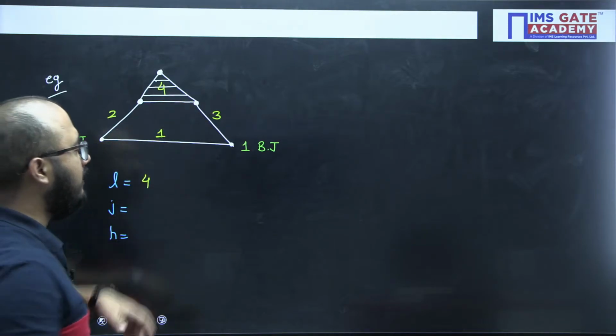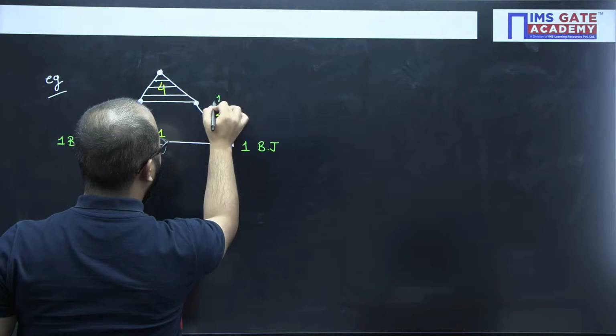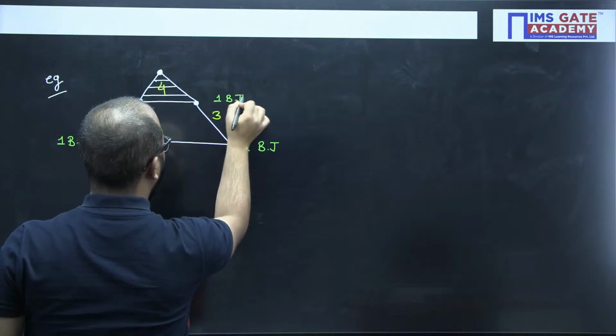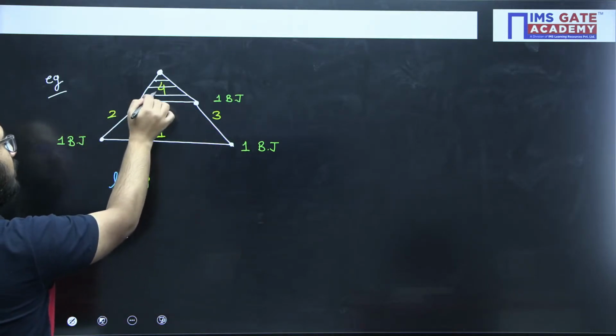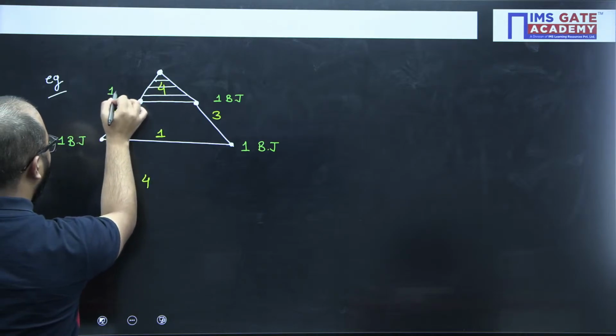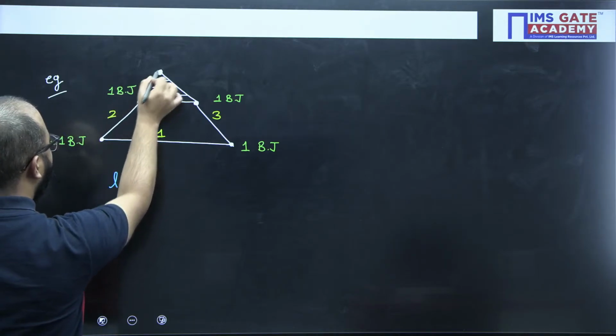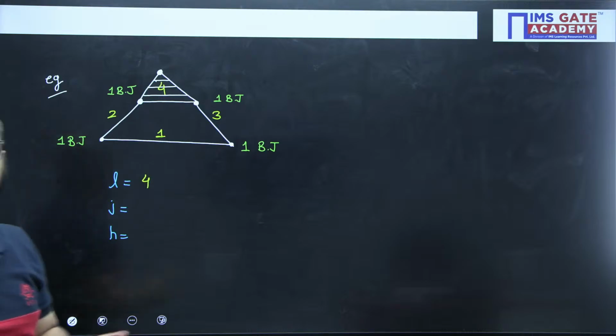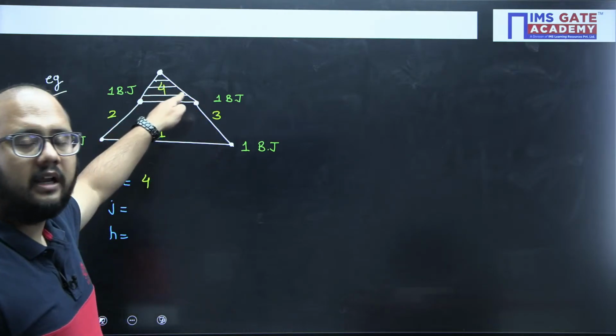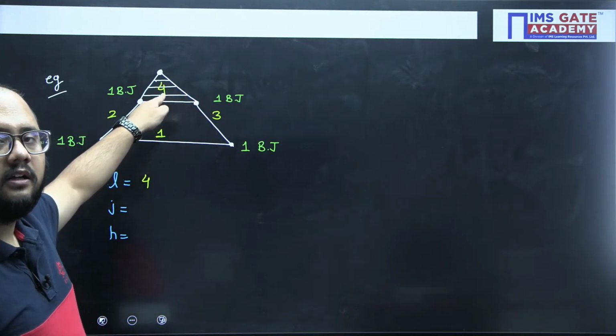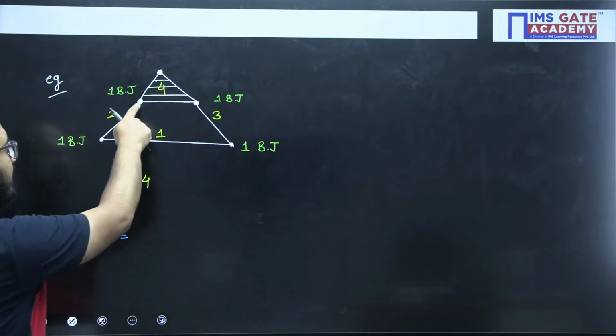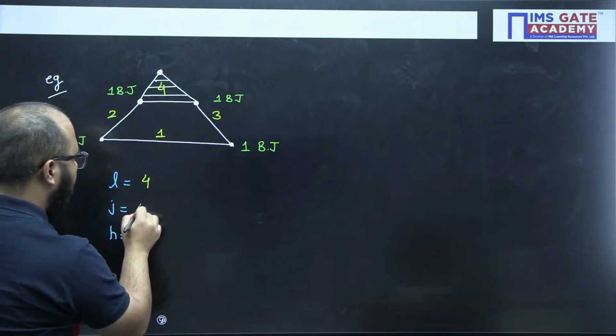Link number 4 and link number 3. So one binary joint. Again here, link number 2 and link number 4, one binary joint. What about this one? No joint. This is a completely ternary link, right? So in total we have 4 binary joints.